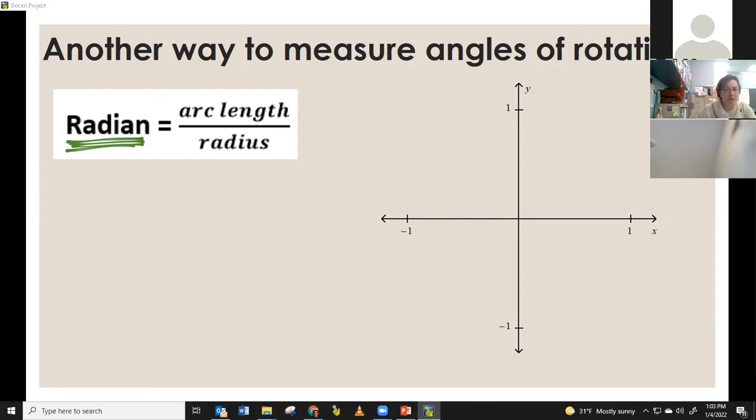I want to write down a formal definition of a radian, and then I'm going to show you an animation that will hopefully make it a little bit clearer exactly what a radian is.